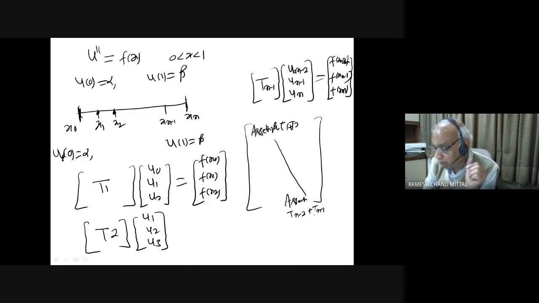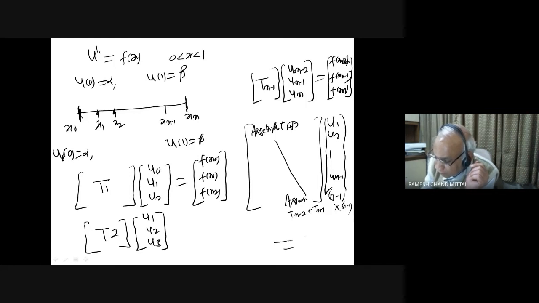And you have the system which will be of order n minus 1, interior points n minus 1 precisely, because the first row will go away, the last row will go away, and the others will be combined, and you will have something like this: u1, u2, un minus 1 is equal to the right hand side, which is assembled. The first will be assembled, the rest will be the same. No, they will be assembled also, and you have a right hand side. Solve it, you get a solution.